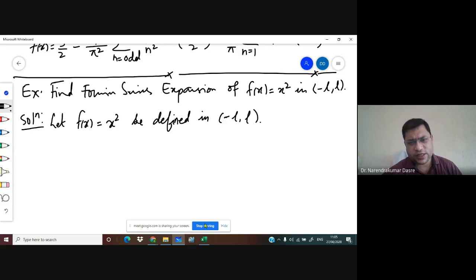What do you think, whether this function is an even function or odd function? So you are supposed to identify it directly. So whether this is going to be an even function or an odd function. Yes, you got it.